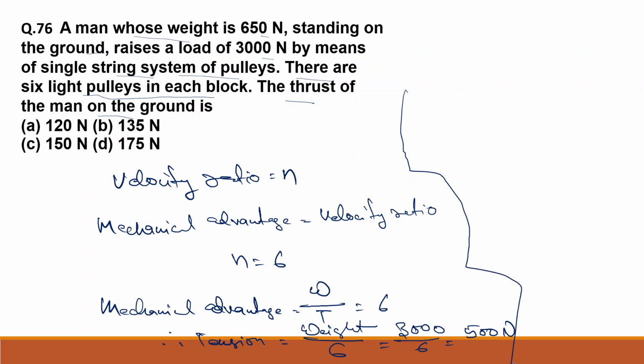Okay, 500 Newton. So the thrust of the man on the ground, कितना ट्रस्ट लग रहा है मैन के, जो आदमी खड़ा है धरती पे, उसको अपन लोग माइनस करेंगे.